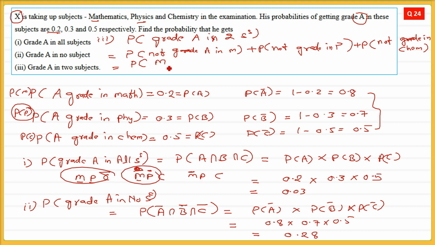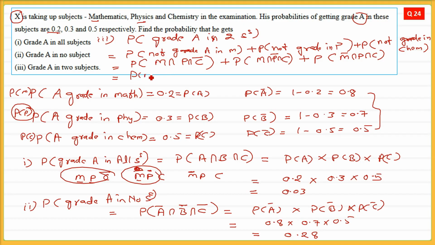That is going to be A, B, C bar, A, B bar, C, and A bar, B, C. So I'm writing it just for explanation that we are talking about math, physics, and chemistry. We'll change it to ABC just now, but this is what I have written, and I'm changing it to the probability. That is, the first one no chemistry, second one no physics, and third one no mathematics.